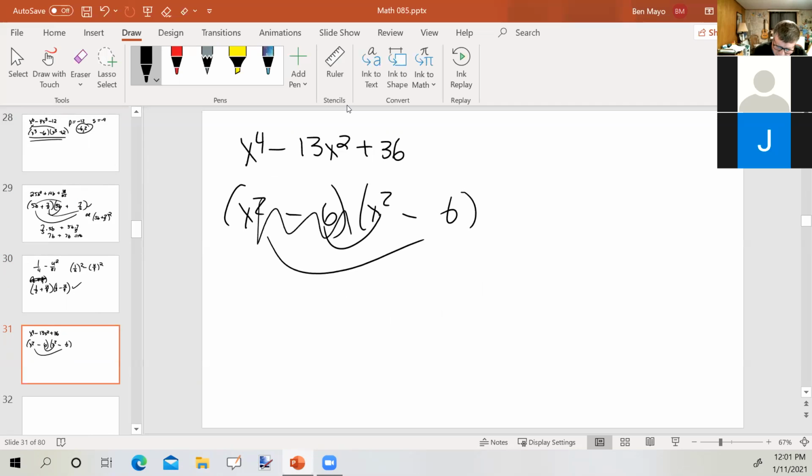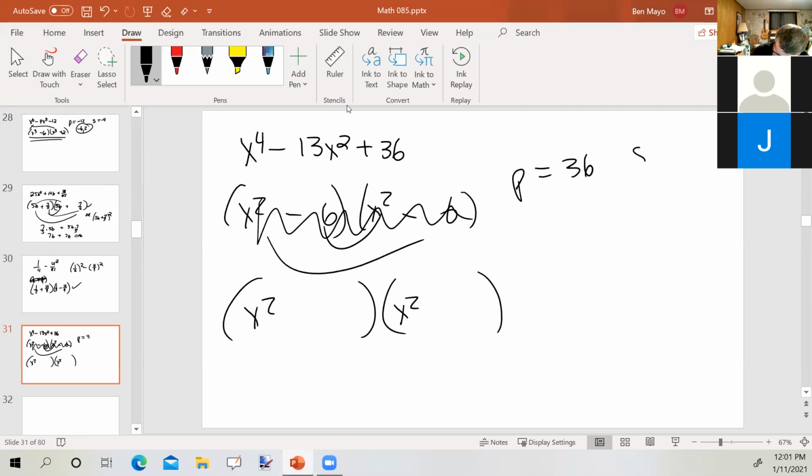So it's not a perfect square, but it does have a leading coefficient of 1. So we could split it up, x squared and x squared. The product is 36 and the sum is negative 13. How about negative 9 and negative 4? That works.